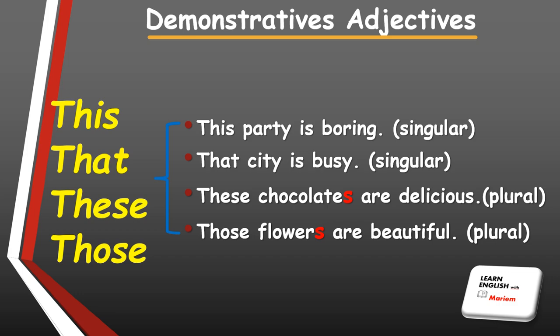انتبهوا على آخر جملتين. These chocolates are delicious. هنا جمع, استخدمت these وخليت S بنهاية الكلمة. Those flowers are beautiful. Again, بحالة الجمع نستخدم those للإشارة على شيء بعيد ومجموع.